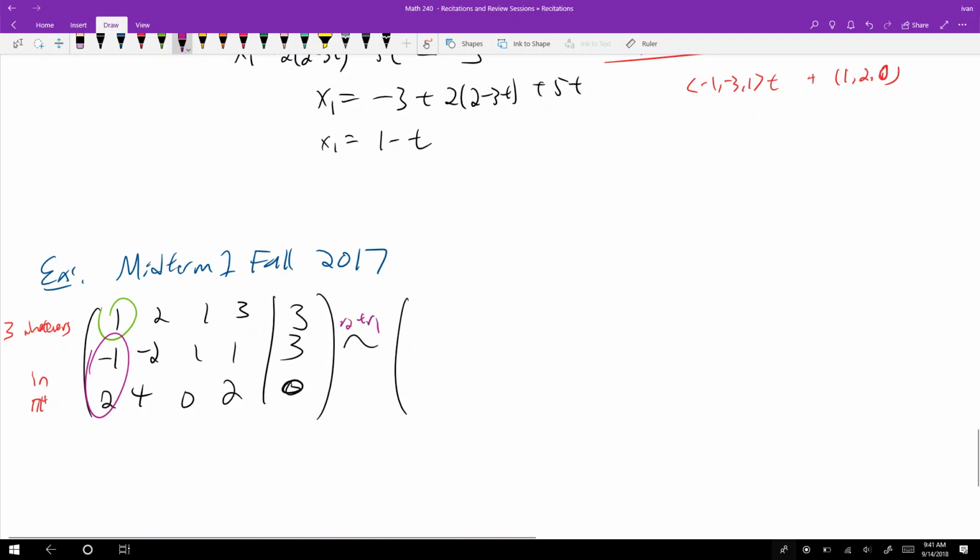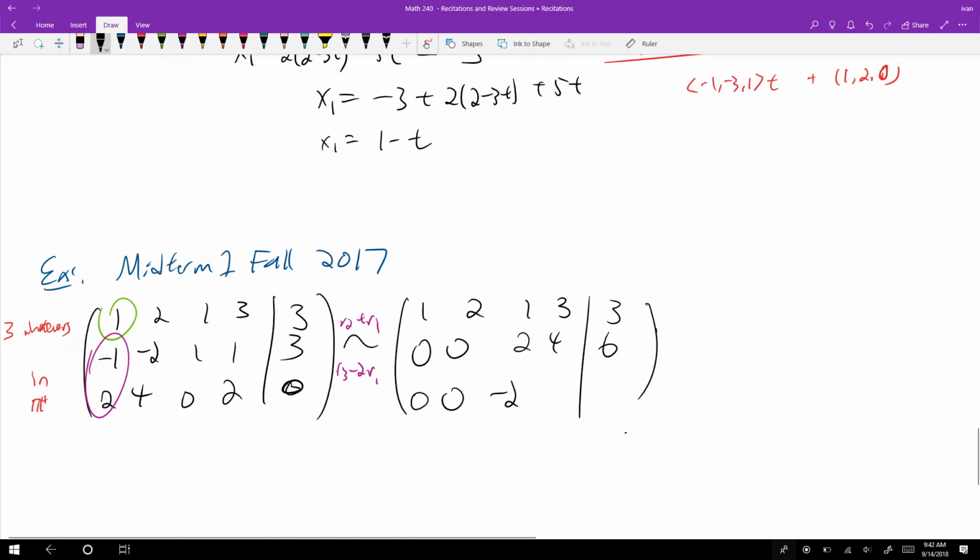So we just need to kill those guys. Row 2 plus row 1, and row 3 minus 2 times row 1 will do the trick. 1, 2, 1, 3, 3, 0, 0. So we're adding the rows: 2, 4, 6. And then this becomes 0, 0, -2, -4, -6.